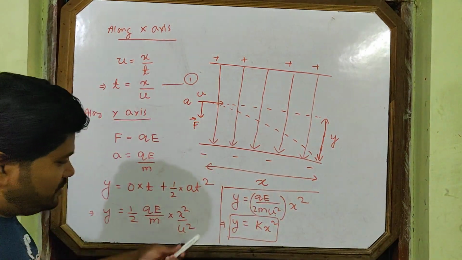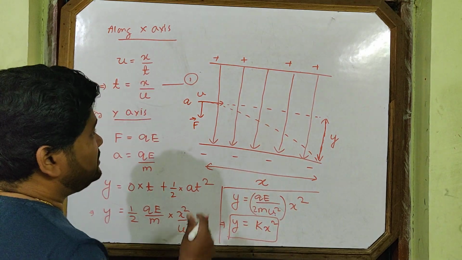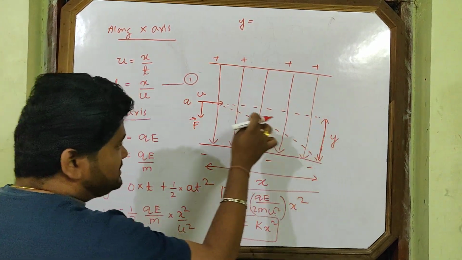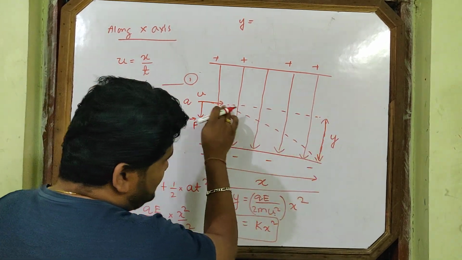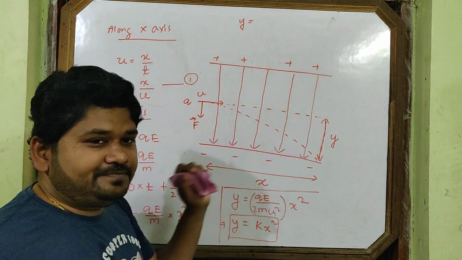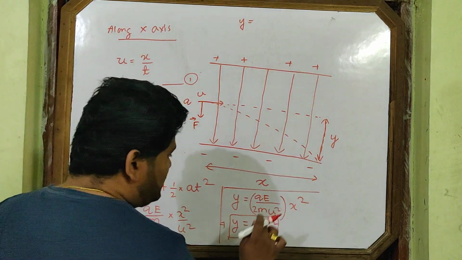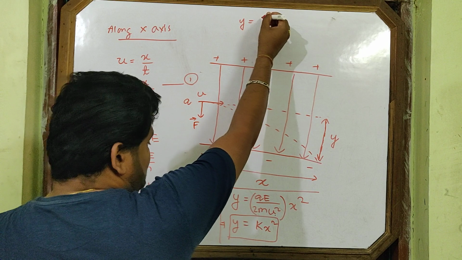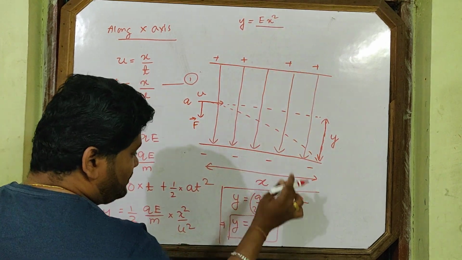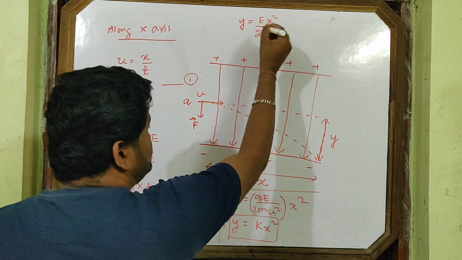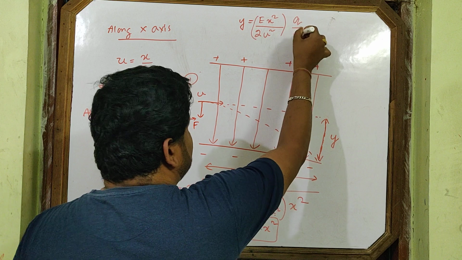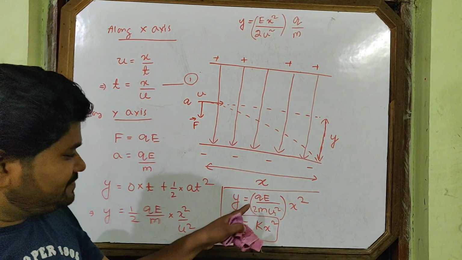Now one question, one concept will come here. One question may come. You see, what is the vertical displacement? The particle goes like this, but it displaces like this. So this y distance it falls along the vertical. So you see, for constant x, y is proportional to qE x square by 2mu square.